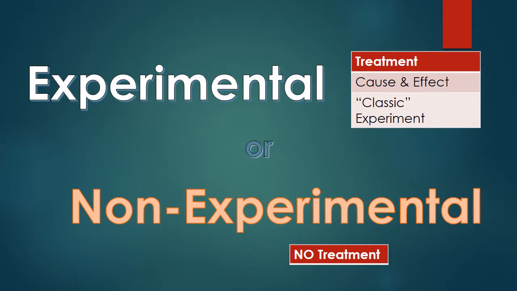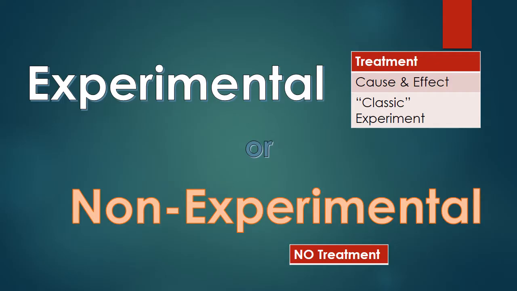The biggest distinction in research is whether this research is experimental research or non-experimental research. In experimental research, the researcher gives a treatment and observes to see if there are changes in behavior. In experimental research, we are looking for cause and effect relationships.